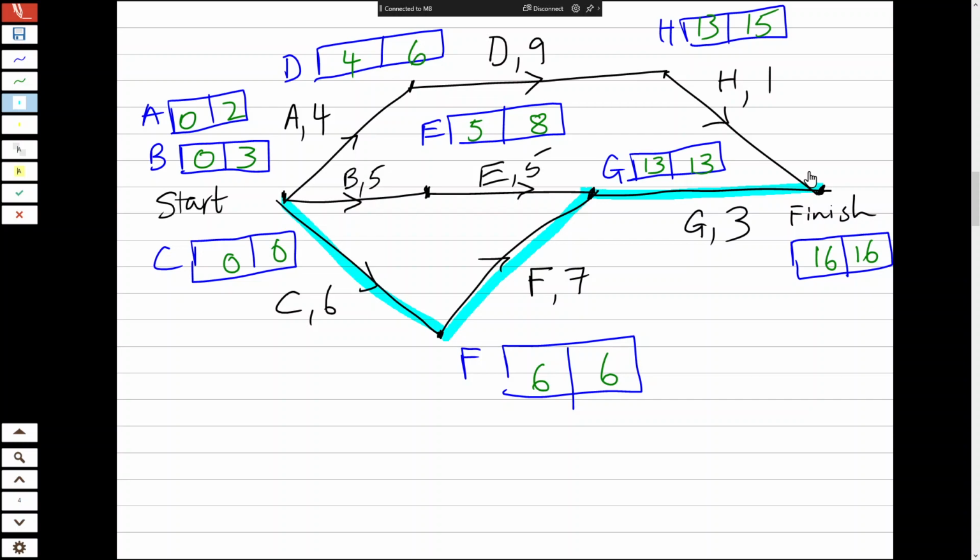Once we get that, then we can work backwards. Because that's 9, that's going to be something less than 9. What if F is 9? Something less than 9.